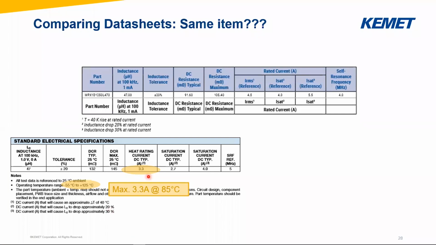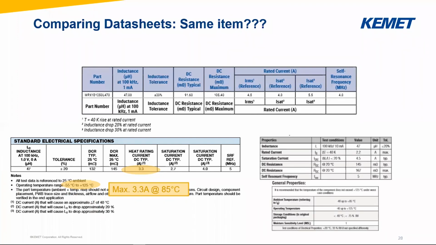So sometimes it's not only the value we are reading here or the 40K we are reading here, but also the operating temperature range. And here we have another competitor. This competitor is also quite interesting because the first comparison I can make, and this is again a 47 microhenry item, is that the saturation current at 20% drop is higher than ours.